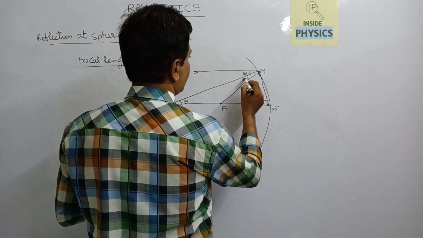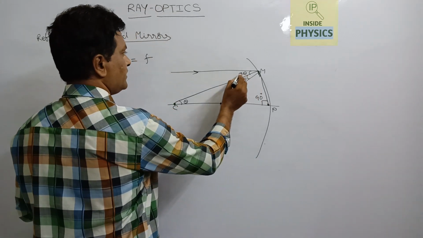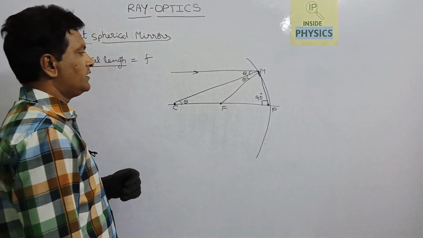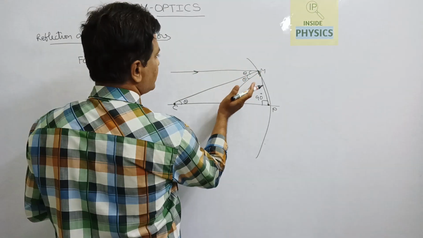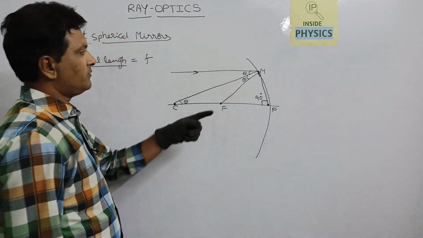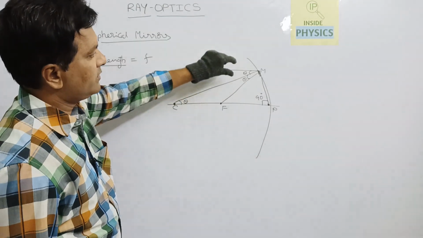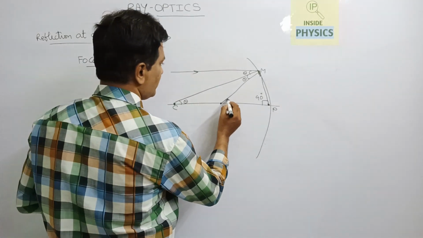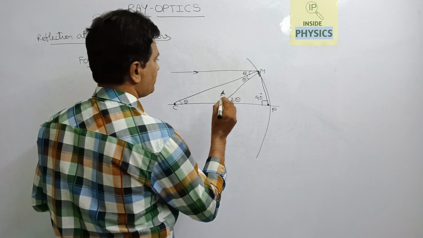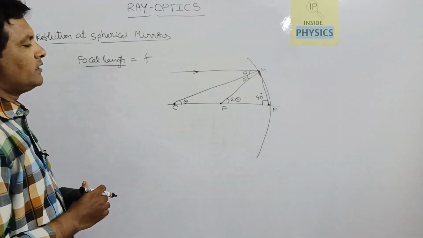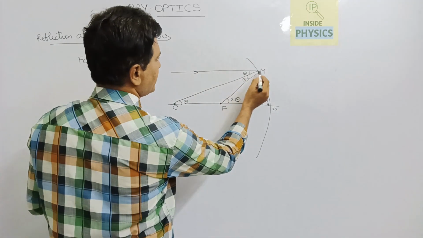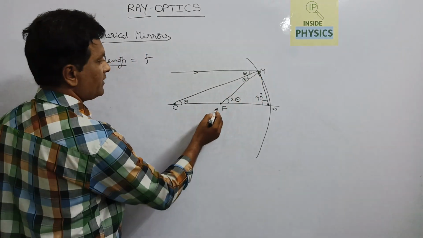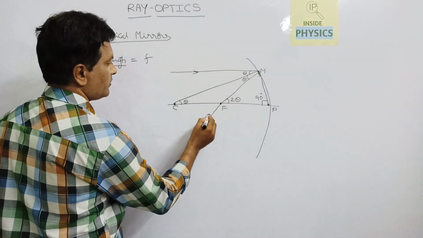And by the law of reflection, if this is the angle of incidence theta, this is also theta. By the diagrammatical symmetry, theta plus theta is 2 theta, and this is also 2 theta. And if you observe, this light ray is incident and reflected, passing exactly through the focus.